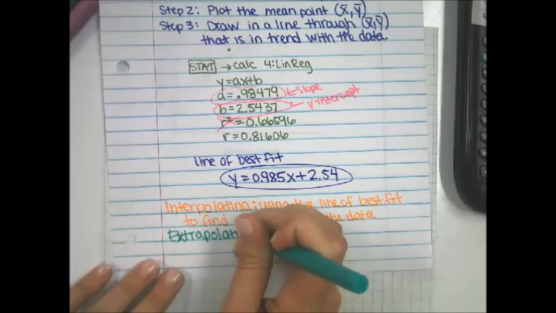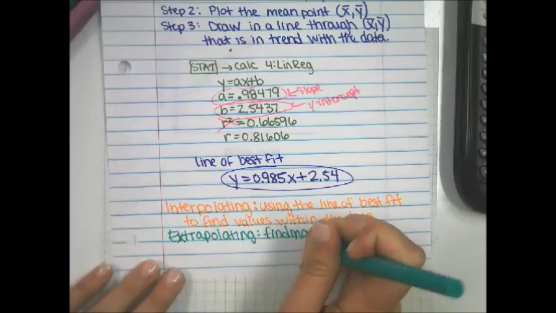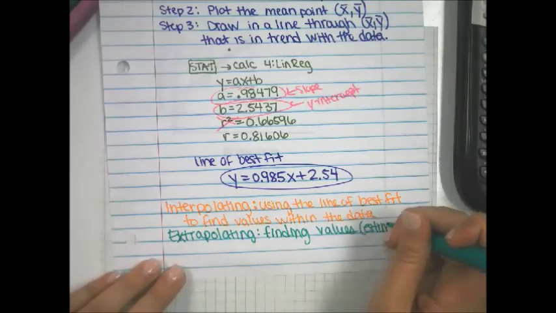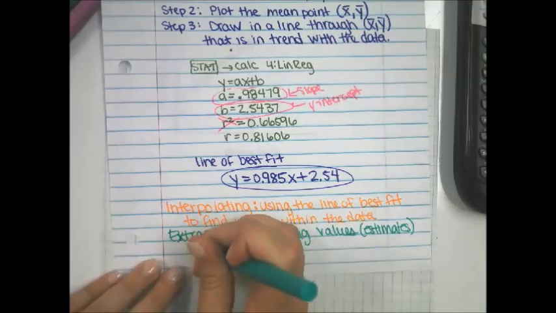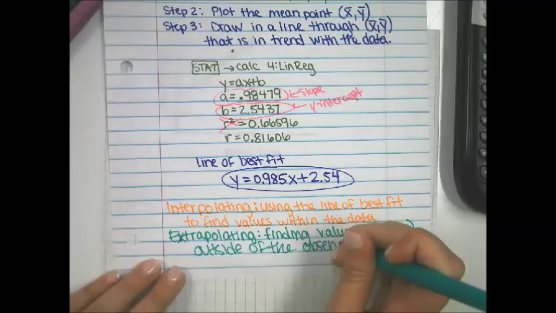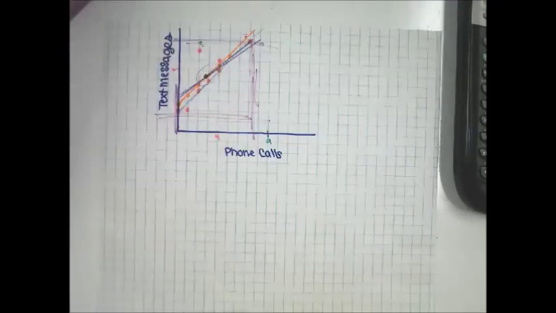Extrapolating is finding values or estimates outside of the data. Interpolating versus extrapolating: interpolating is much more reliable, where going outside of your data is less reliable. We would have to take note of that if we wanted to go outside of our data.